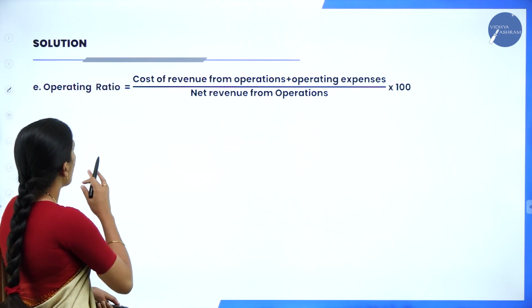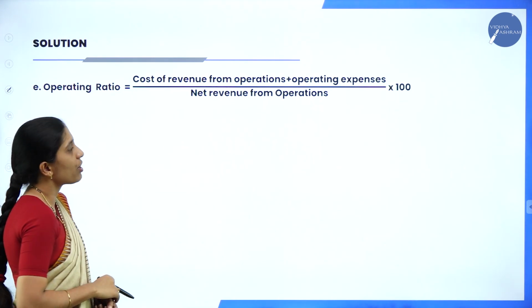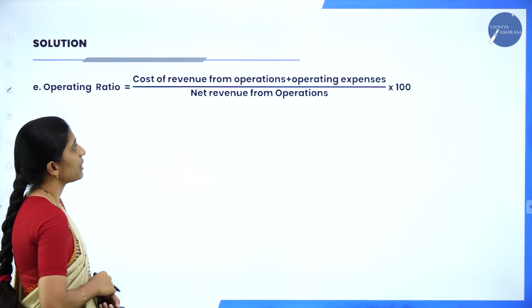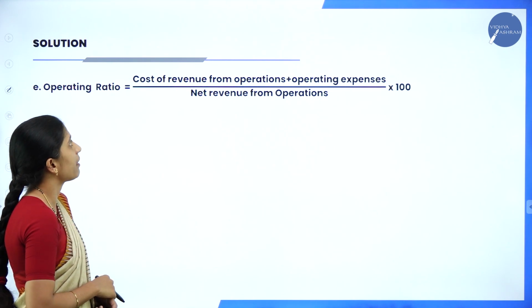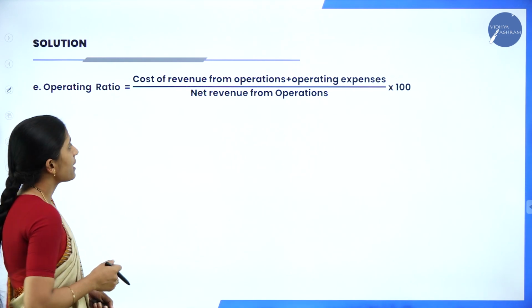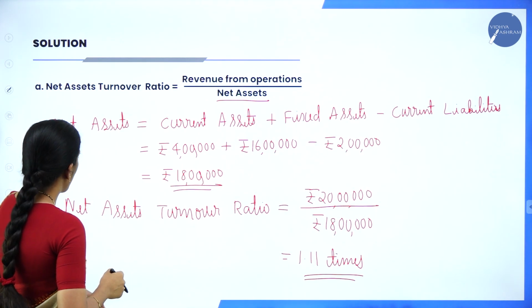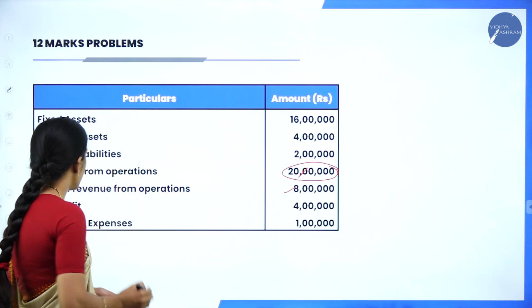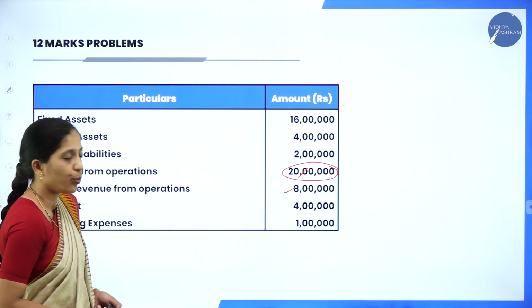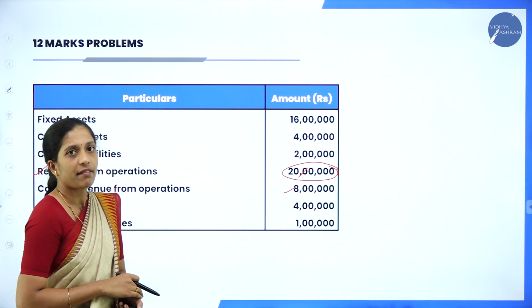Moving on to the next one, operating ratio. The formula is cost of revenue from operations, already we know, plus operating expenses, divided by net revenue from operations. Cost of revenue from operations is 8 lakh plus operating expenses of 1 lakh divided by net revenue from operations.